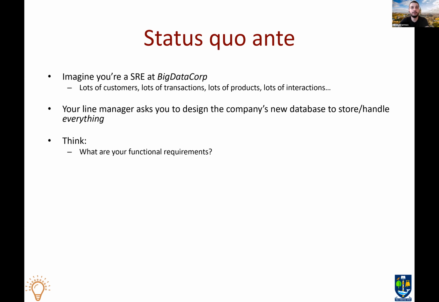Did you just plan to do single item insertions and deletions and queries? Do you want to have multi-item access? Do you want to have transactions? And your queries, will they be point queries? Will they be range queries? Will they be something else? What are the functional requirements?